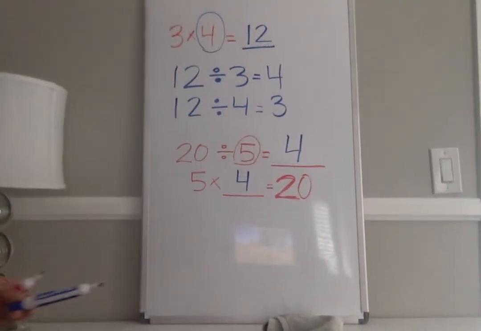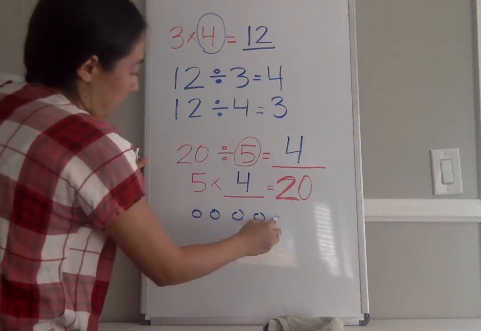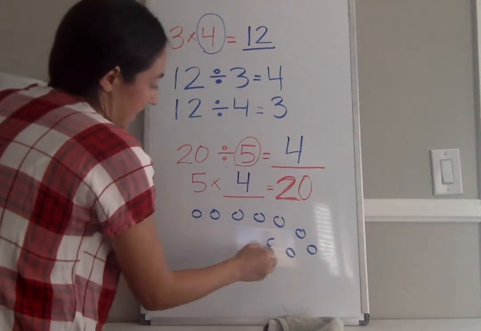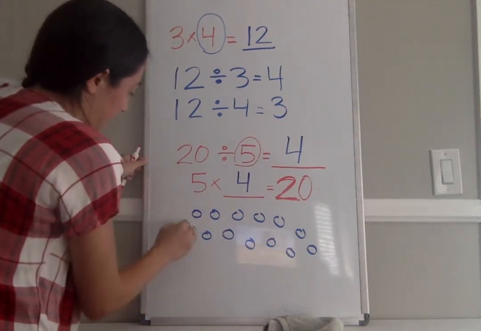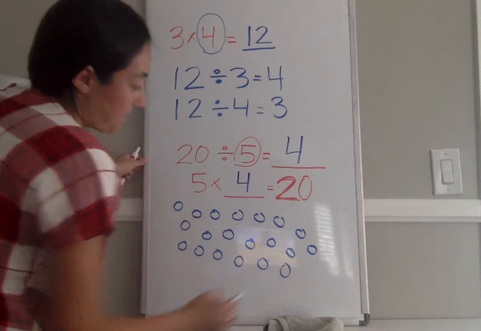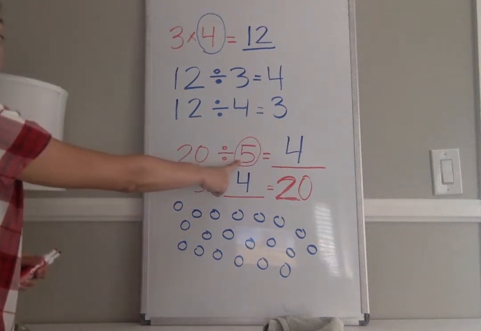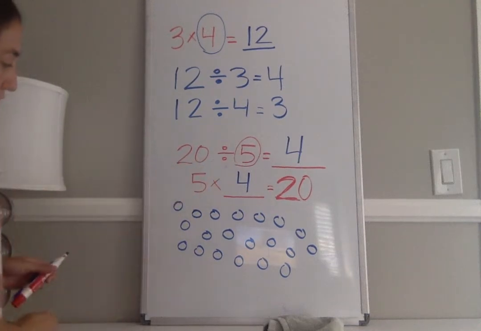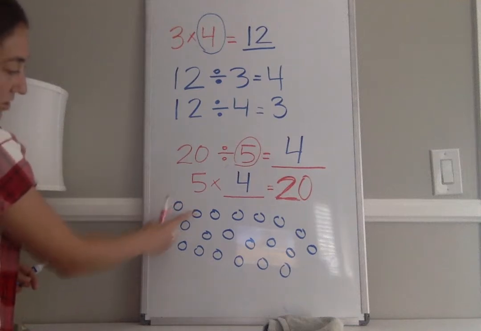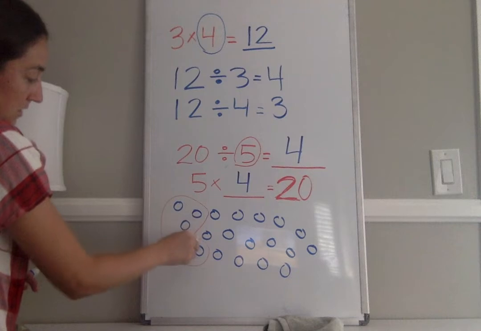Another way to figure out this answer would be to draw 1, 2, 3, 4, 5, 6, 7, 8, 9, 10, 11, 12, 13, 14, 15, 16, 17, 18, 19, 20 dots. And we know that there is 5 in each group. So what you would do is you would go 1, 2, 3, 4, 5. Draw a circle around those.